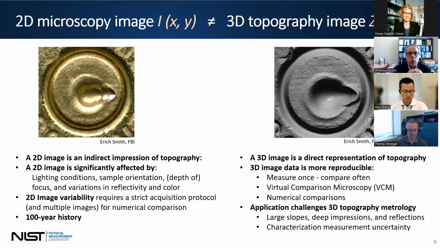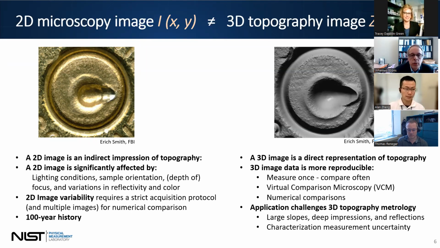The workhorse of firearm and toolmark identification is, of course, the 2D light comparison microscope. The images acquired by such a microscope are basically an indirect impression of the underlying topography of the sample, and they are very much affected by the lighting conditions and other experimental factors like focus.